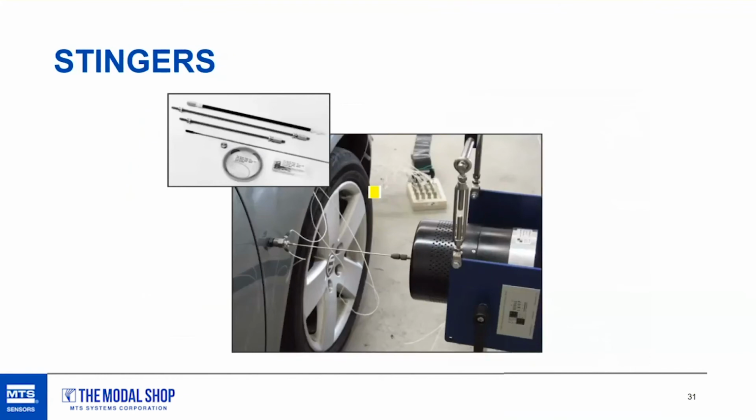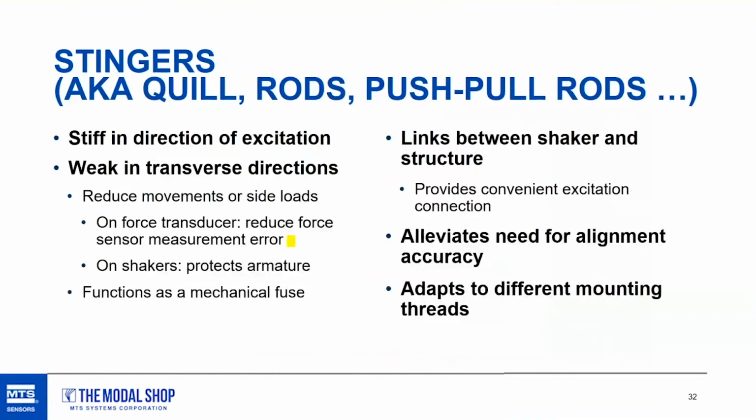And we have a variety of stingers. We mentioned the stingers. That's the little rod, or sometimes called a quill, that connects the shaker to the structure. The one thing to highlight about stingers is that they are the mechanical connection between the shaker and the test article. So they've got to be stiff in the direction of the excitation.